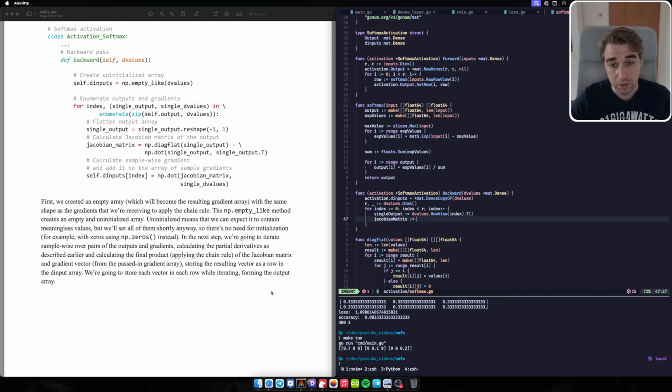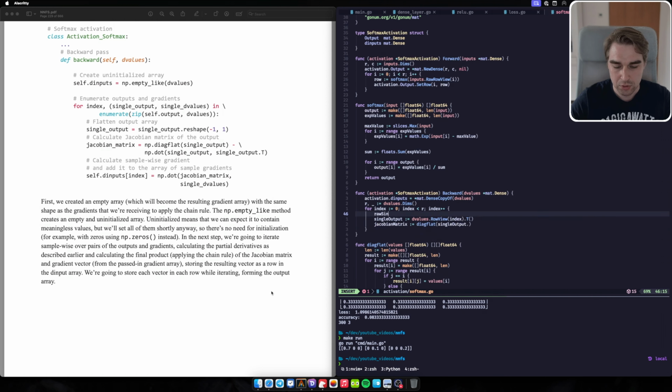Then we need to calculate the Jacobian matrix. Jacobian matrix equals diagflat of single output. Can I take the row? No, I cannot take the row. Okay, maybe row single.